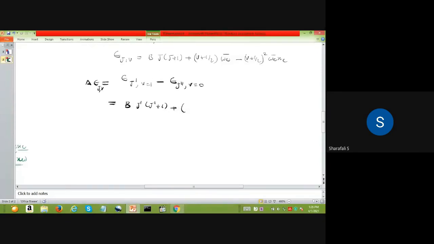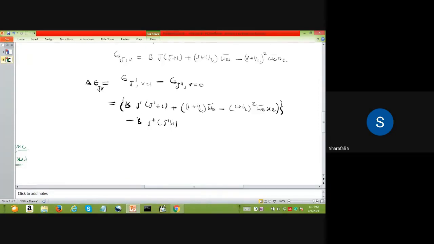This quantity, the first one we are considering equal to 1, so (1 + 1/2)ω_e bar, minus, what is this? This will also come as 1 + 1/2. Equal to (1 + 1/2)² ω_e bar x_e, this quantity, minus B into J''(J'' + 1).